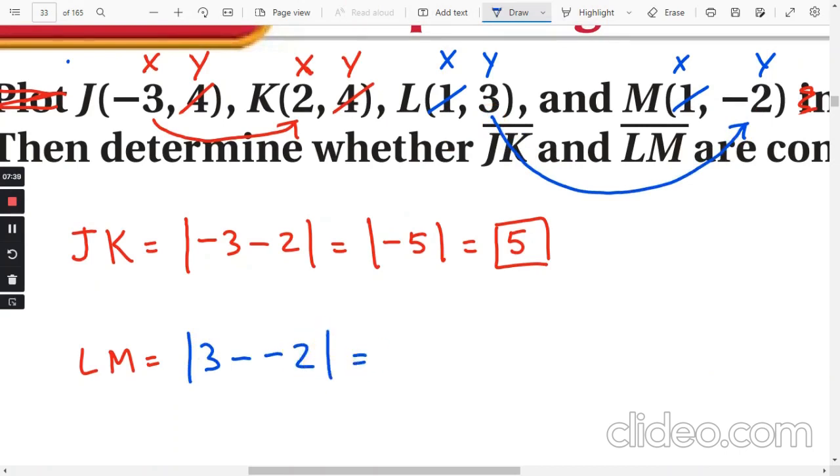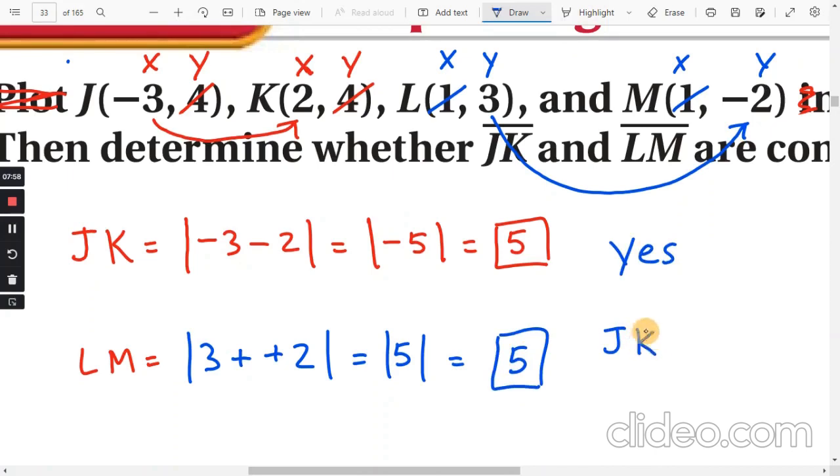So what happens with two negatives in a row? That's a positive. 3 plus 2 is just 5. And taking the absolute value does nothing. It's still 5. So the answer is yes, JK is congruent to LM.